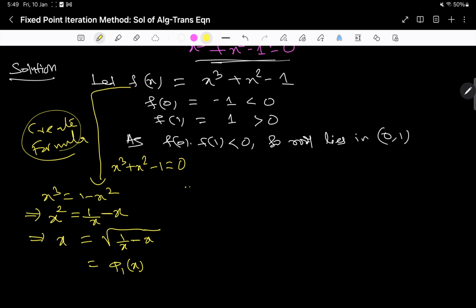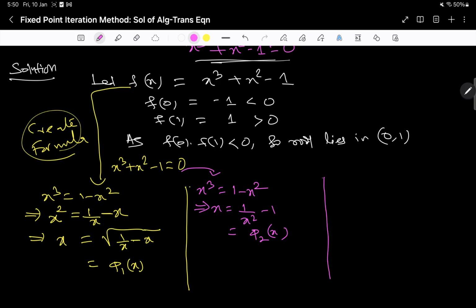In another aspect, I want to create the formula in a different way. Suppose x cube is equal to 1 minus x square. If I divide by x square, what is my x? It is 1 by x square minus 1. I call it, suppose, my phi 2 x.